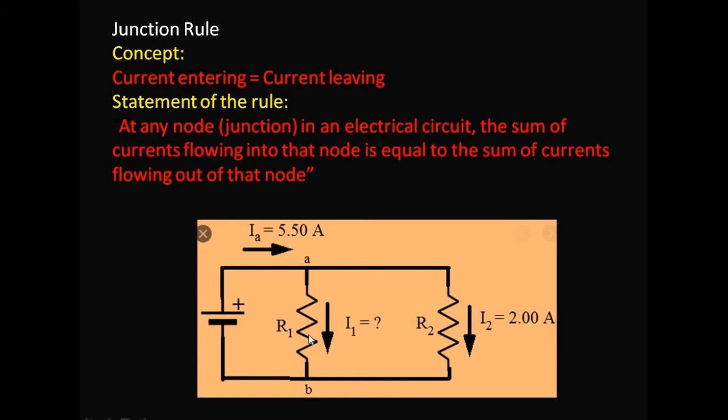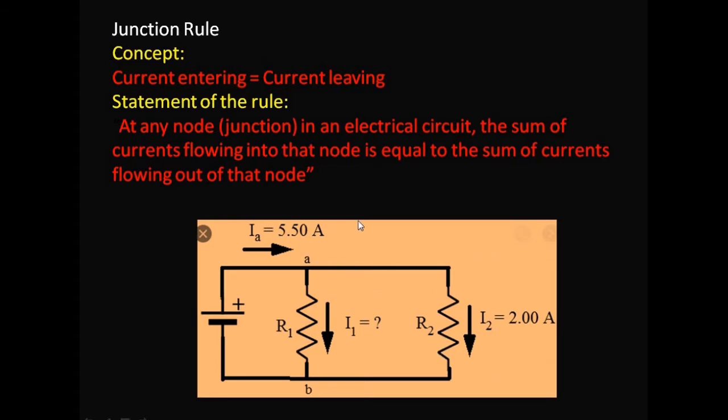One through R1 is denoted by I1, and the one through R2 is I2. So if you apply Kirchhoff's first rule, or the junction rule, you can write the entering current IA is equal to the sum of the leaving currents, that is I1 plus I2.